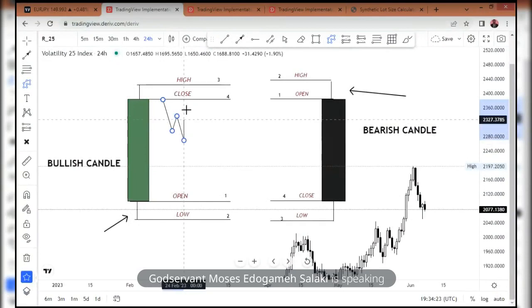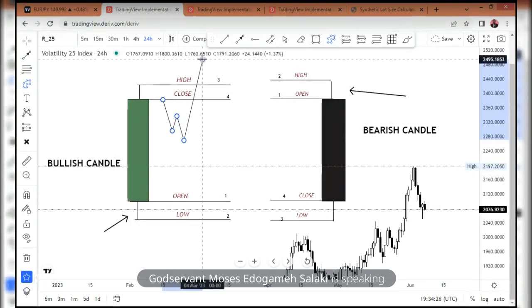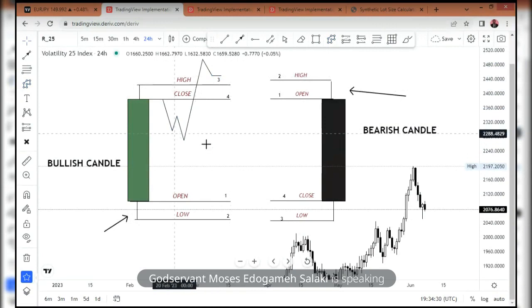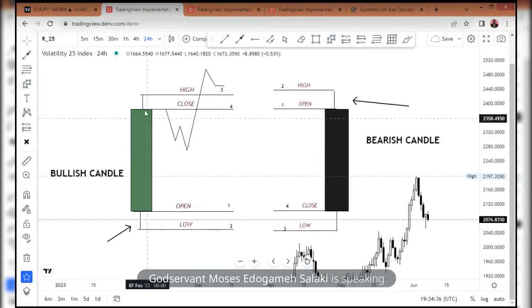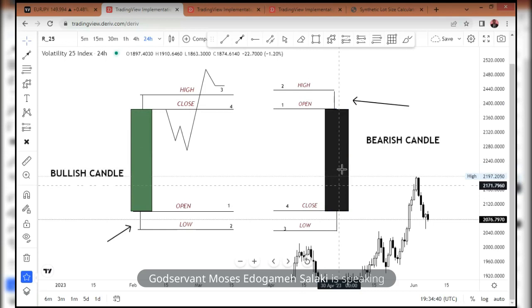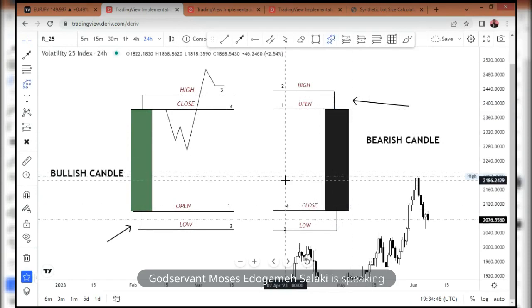And then it will go up to create the high, come back and then close. So anything below this closing price, look for a buy if the candle closed bullish. And if it closed bearish, then anything above, you want to look for a sell. So with the closing price, any other candle will come here. Price will give you that formation around here.